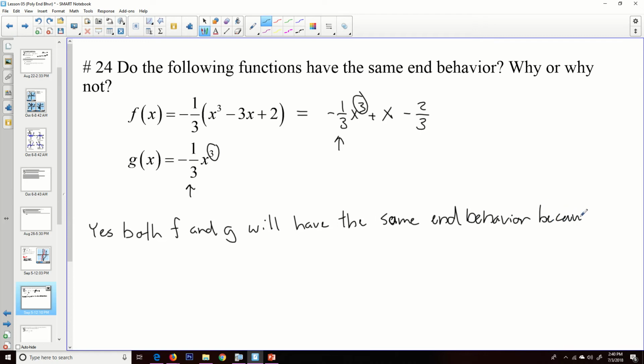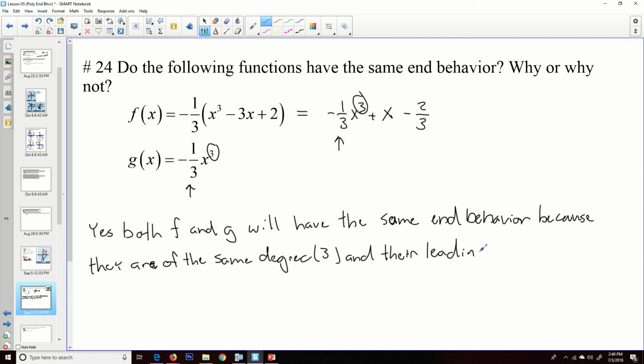because they are of the same degree, and that degree was 3, and their leading coefficient, abbreviate there, has the same sign.